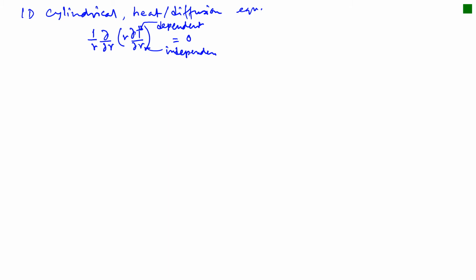Or del/del r of r del T/del r is equal to 0. Notice that T is a function of just one variable r, so we can also write d/dr of r dT/dr is equal to 0.